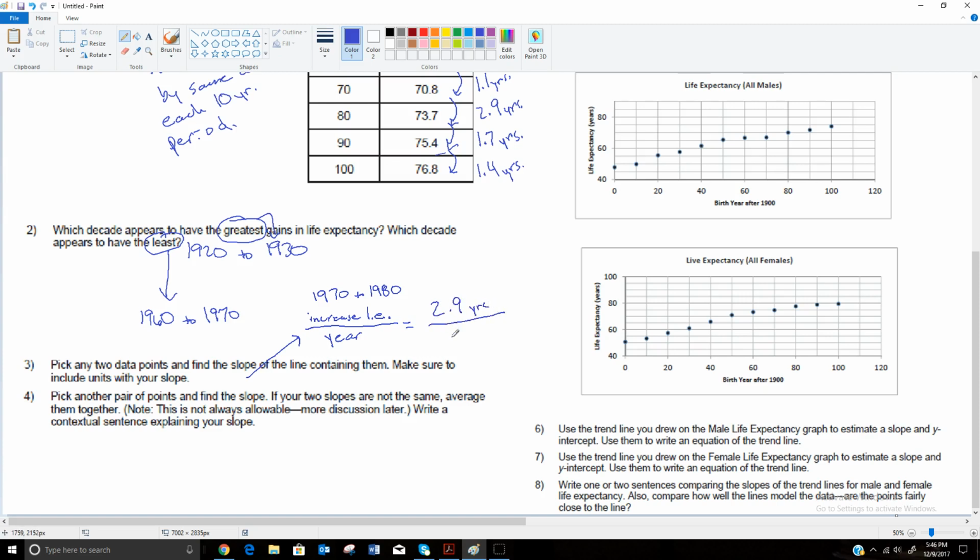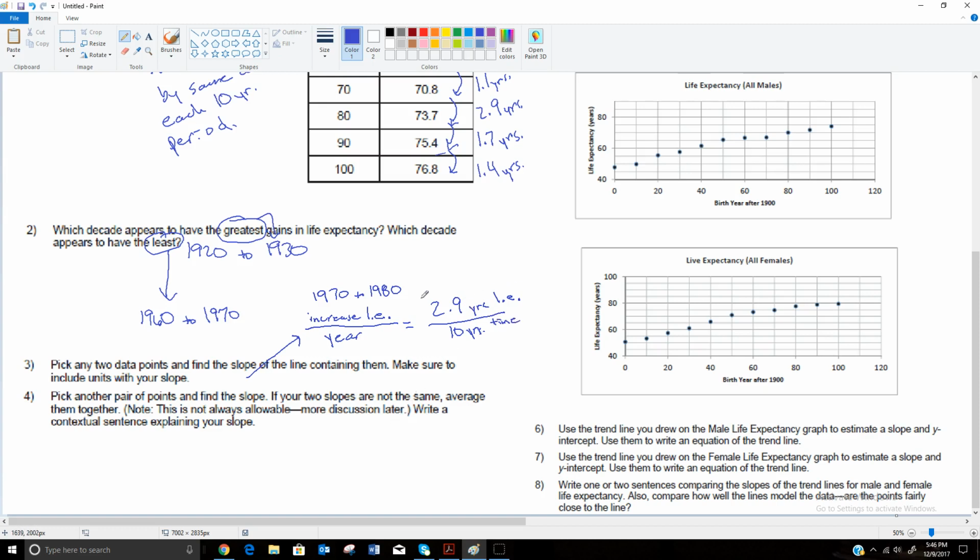I'm going to put life expectancy because we have years and years here. Years is in the date and then the life expectancy. So 2.9 years of life expectancy for 10 years of time.